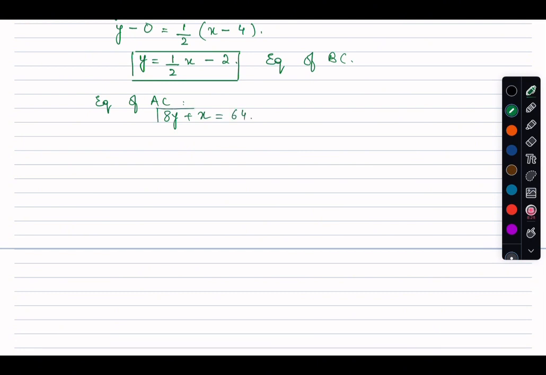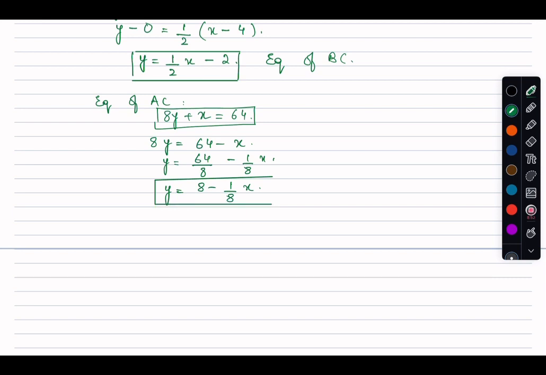So the y coordinate is going to be 64 minus x, all divided by 8, so 64 divided by 8 minus 1 by 8x, which is 8 minus 1 by 8x. This is going to be the equation of AC where y is the subject.